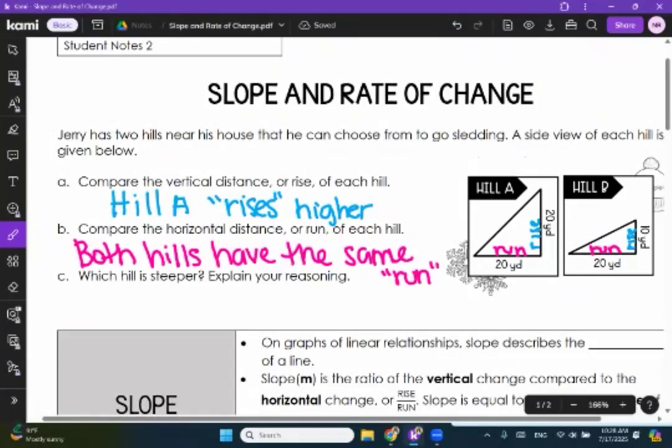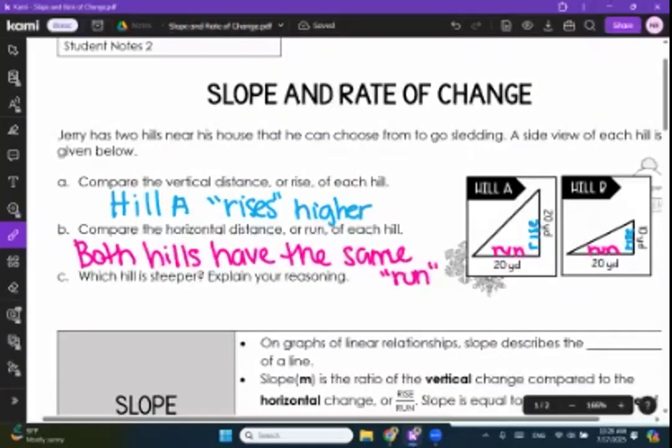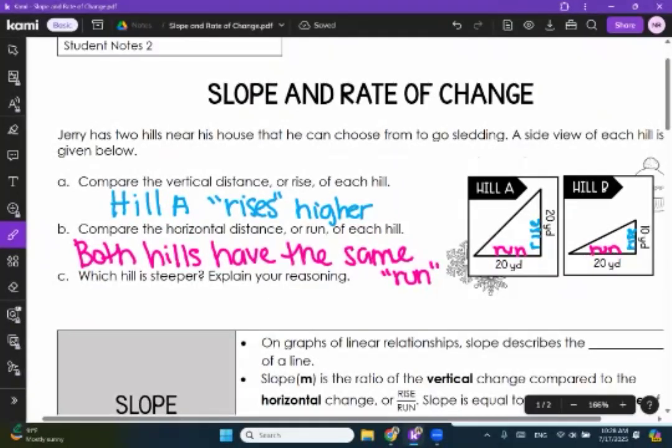Okay, which hill is steeper? Explain your reasoning. When we're talking about steepness, we're talking about how upright the hill is, right? Think about whenever those of you that are in athletics are the one that is running up the hill.